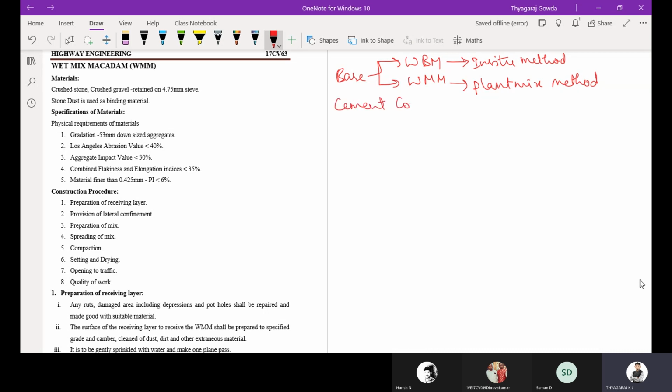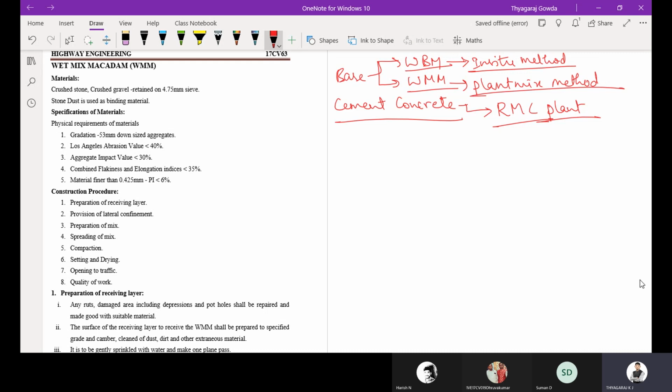What do we call the place where cement concrete is prepared? We call it a batch plant or RMC, ready mix concrete plant. In the site also you can prepare cement concrete, and in the RMC plant also. Similarly here, water bound macadam is an in situ method, wet mix macadam is a plant mix method.